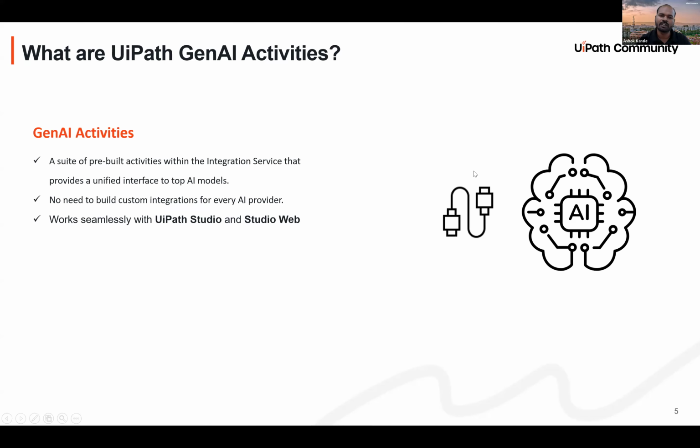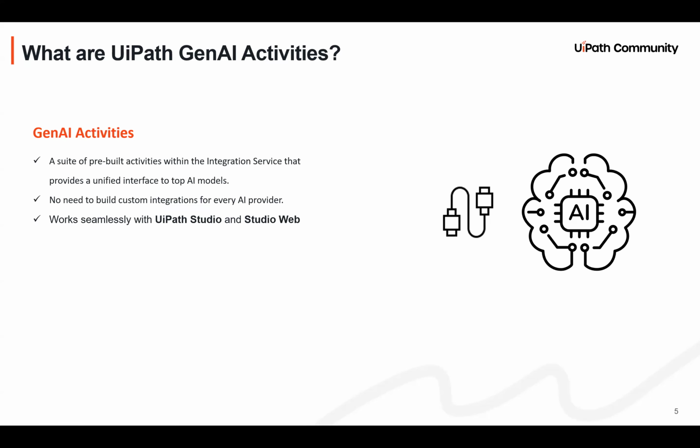So the name itself clarifies that these are the activities of generative AI. This suite has around 20 plus activities, and many more are coming every month or more often as per the updates. Those activities will be used in our workflow with the help of integration services.